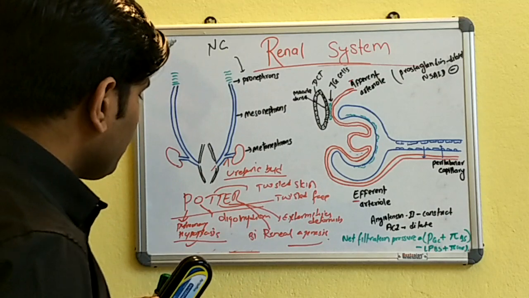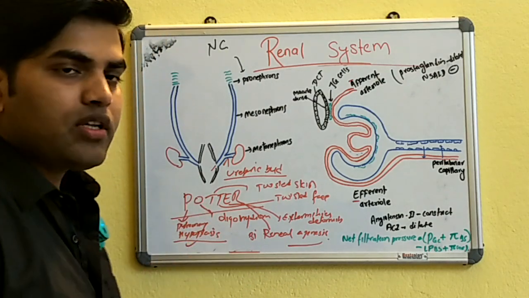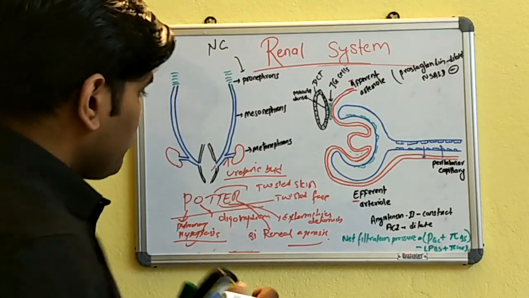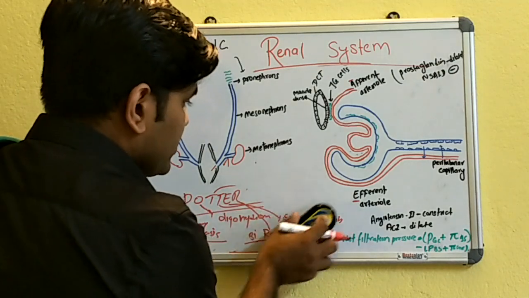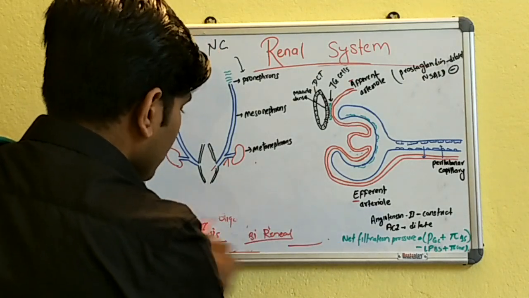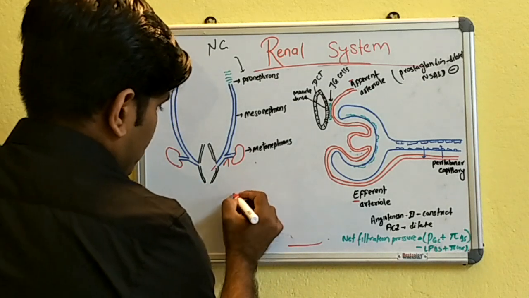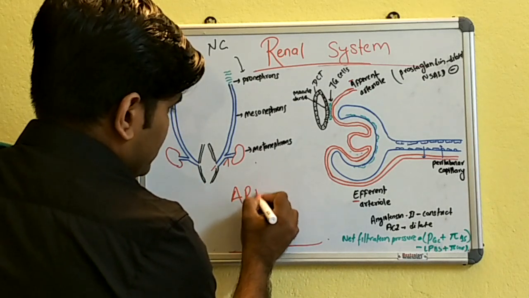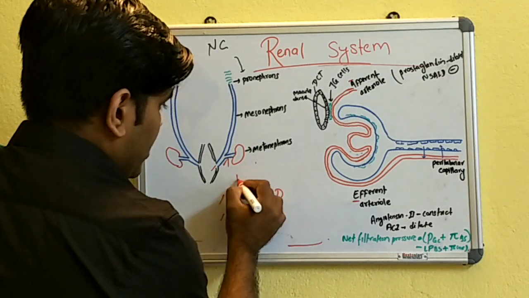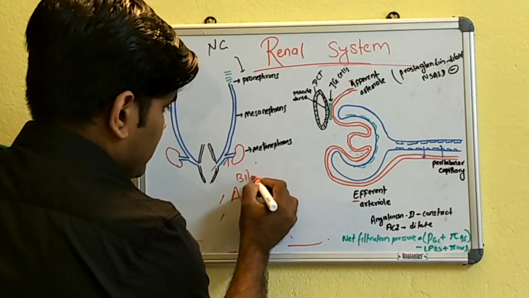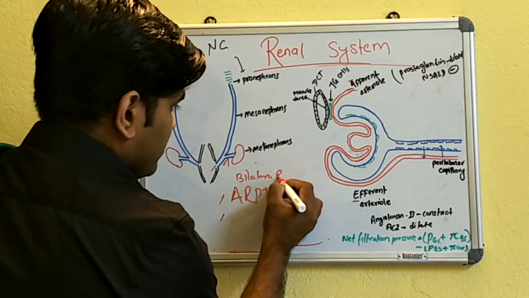One thing you have to remember about the Potter sequence is the most common causes. I have told you about bilateral renal agenesis. There are other causes as well, like autosomal recessive polycystic kidney disease. Then bilateral renal agenesis, which I have already mentioned.